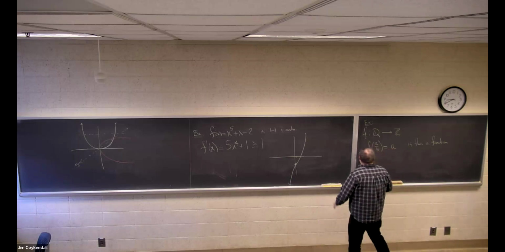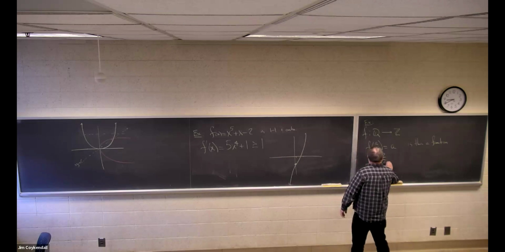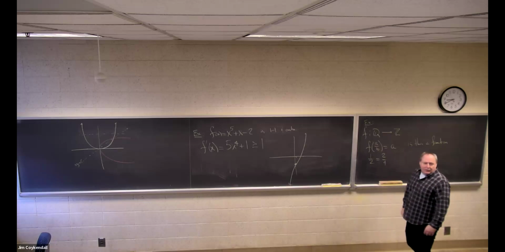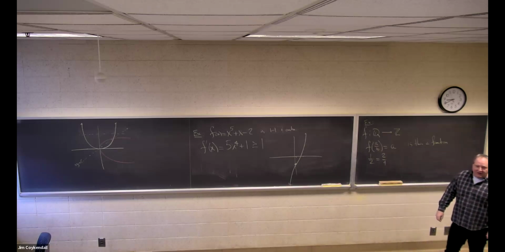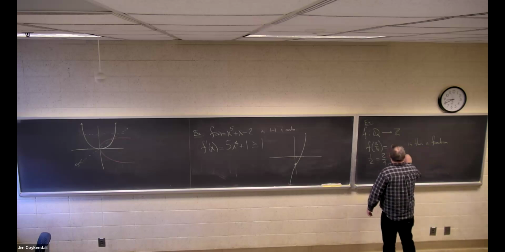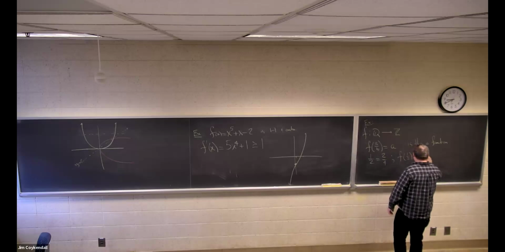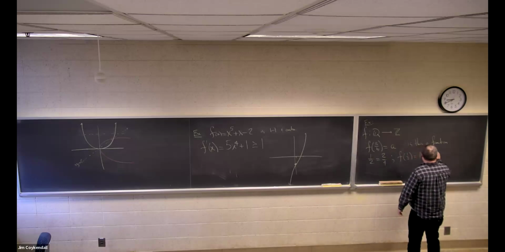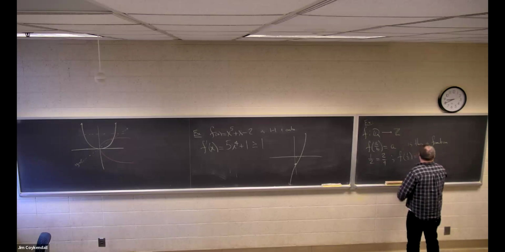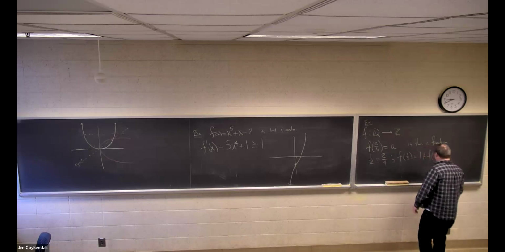Right. So let me give you a simple example. These two rational numbers are the same, right? So f of 1/2 is 1, which is not equal to f of 2/4, which is 2.